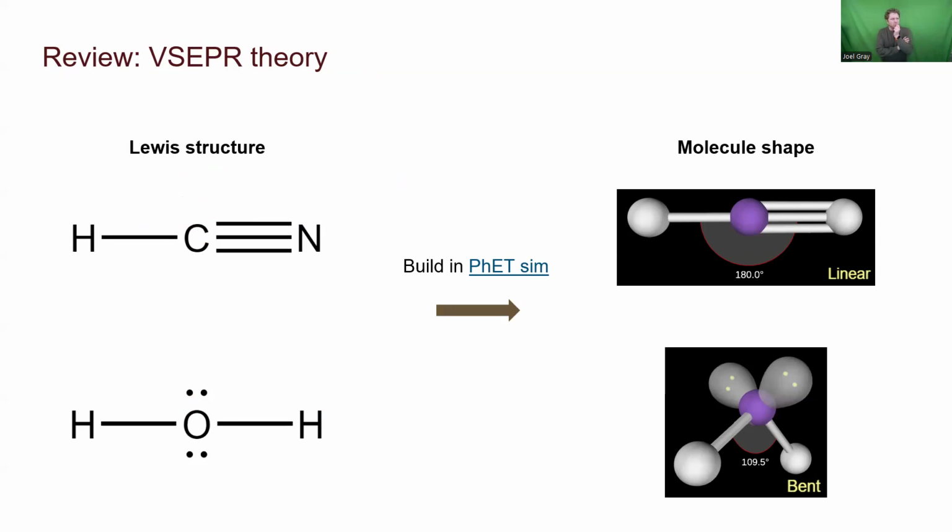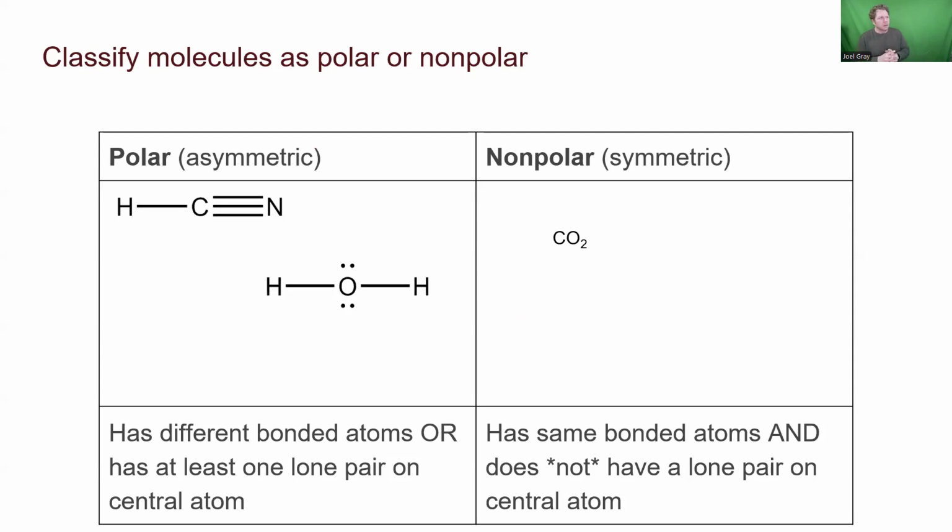But I actually don't want you to dig into the electronegativities of these atoms. Instead, I want you to look at the shape of the molecule. Both of those molecules would be classified as polar.